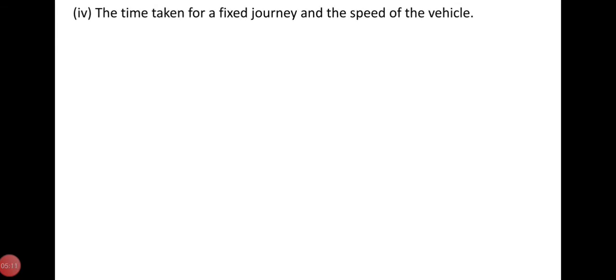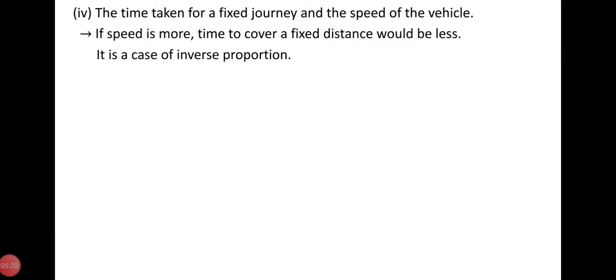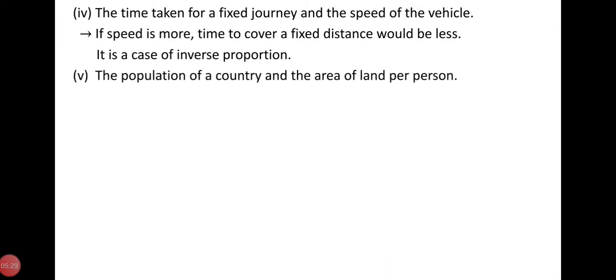Next, question number 4. The time taken for a fixed journey and the speed of the vehicle. Yes, this is a case of inverse proportion. Means if speed is more, time to cover a fixed distance would be less. Therefore, it is a case of inverse proportion. Number 5. The population of a country and the area of land per person.